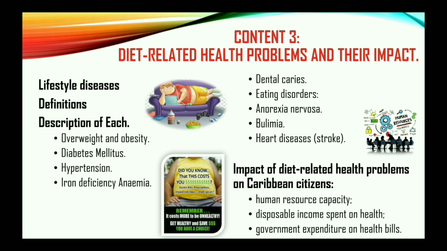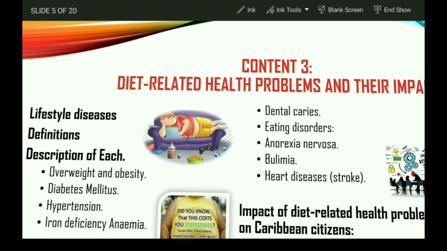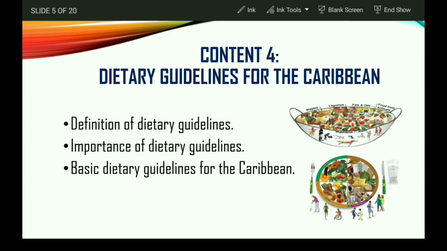Or how is it that anorexia nervosa, or diabetes mellitus affect Caribbean citizens? Whichever way the question comes, you're required to discuss these 3 points. So we speak of, again, human resource capacity, disposable income spent on health, and also government expenditure on health bills.